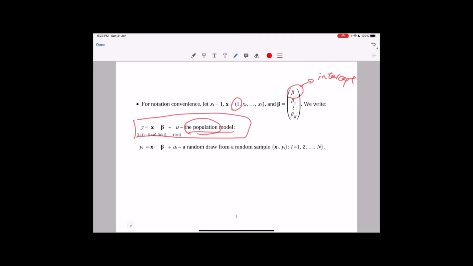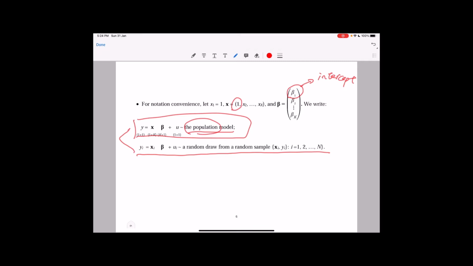And this is a random draw from a random sample. So when we add the i subscript, this actually means the sample. However, if we have a random sample, these two are essentially the same; it's just whether you add the i subscript or not.